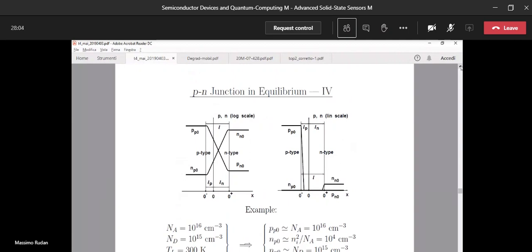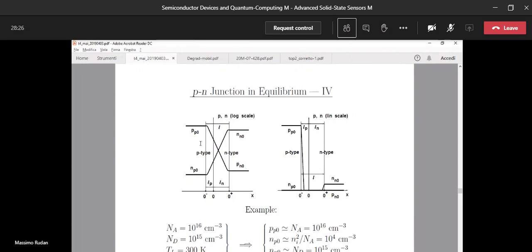But if you look at the profiles of the concentrations of holes and electrons, they are not constant. So the concentration of holes goes from a large value pp0 in the p region to a much smaller value pn0 on the right.